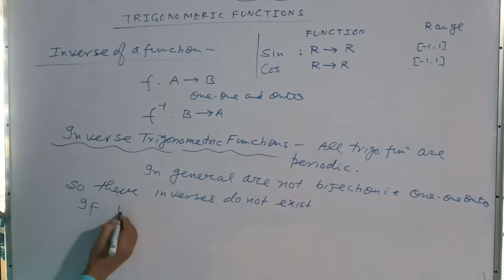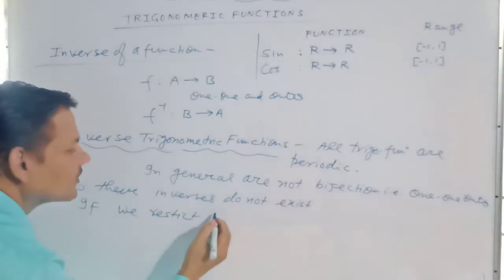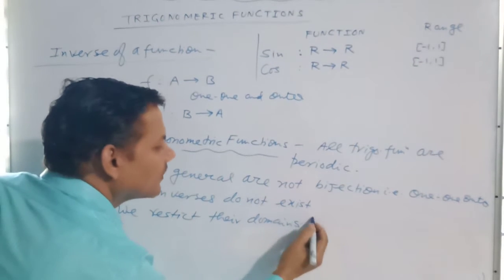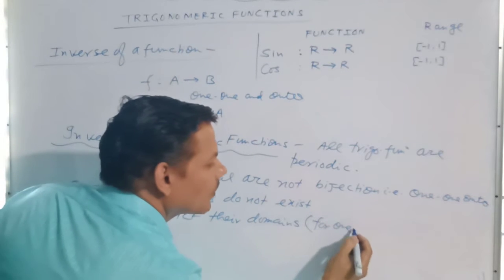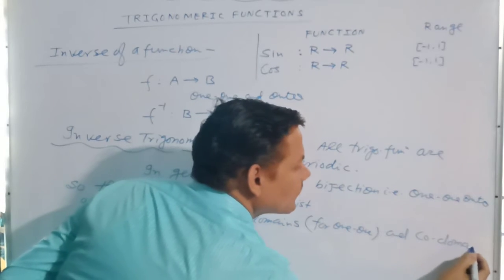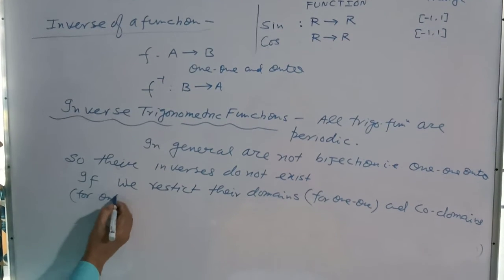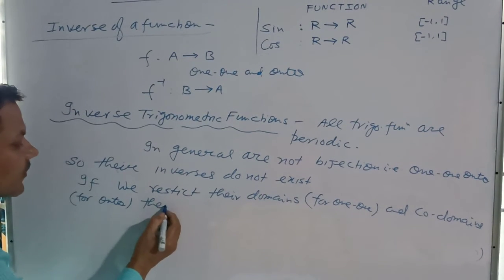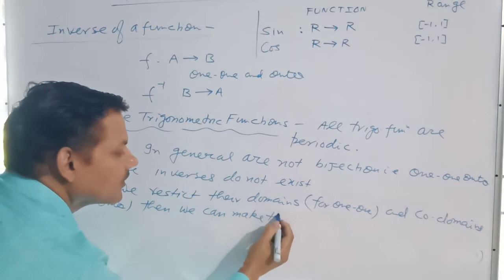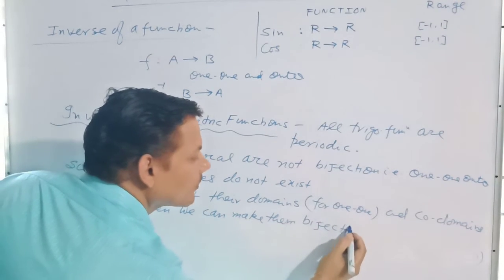If we restrict their domains for one-one and codomains for onto, then we can make them bijections.